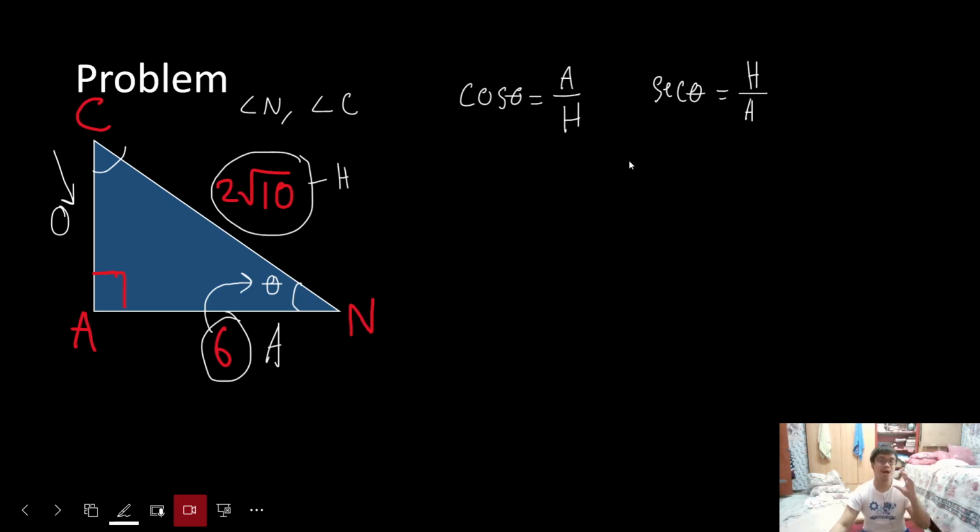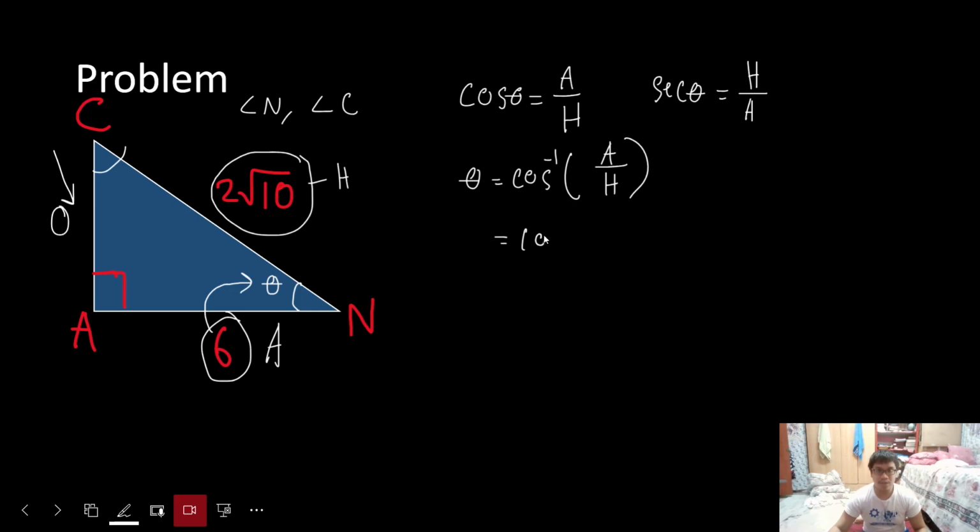Both of them have adjacent and hypotenuse, so it's either of the two. Let's find the angle with the use of cosine. So you will have theta is equal to arc cosine of your adjacent all over your hypotenuse.